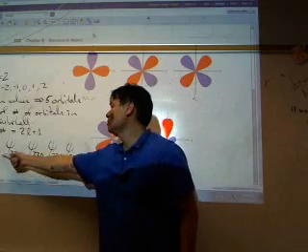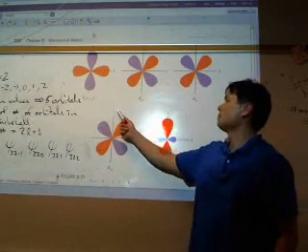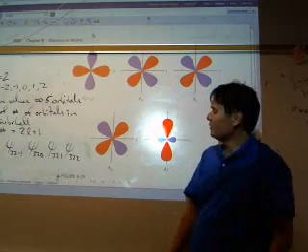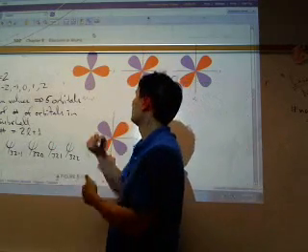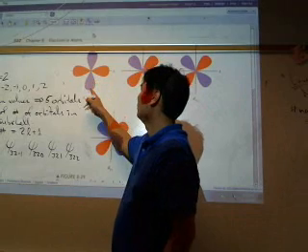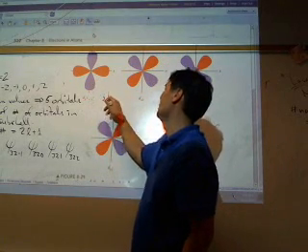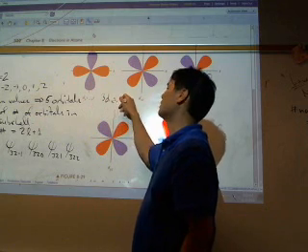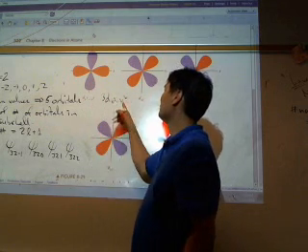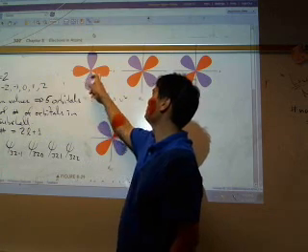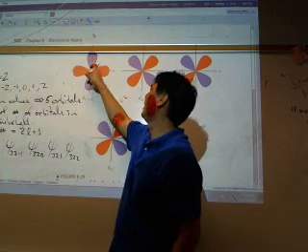And so -2 corresponds to one of these. The way they're named is you can either call it the psi 3, 2, -2, or you can give it the 3d designation. This is the 3d x squared minus y squared. Now, x squared minus y squared means that the lobes are going to be right on the x and y axes.